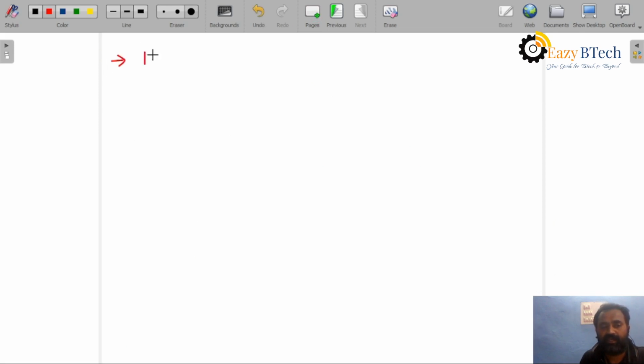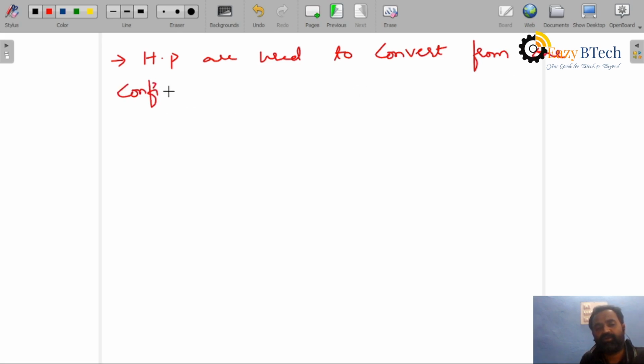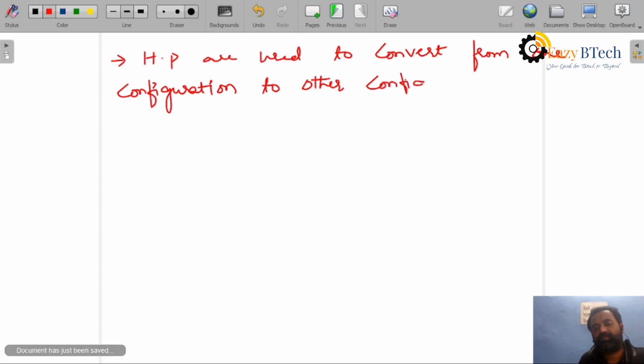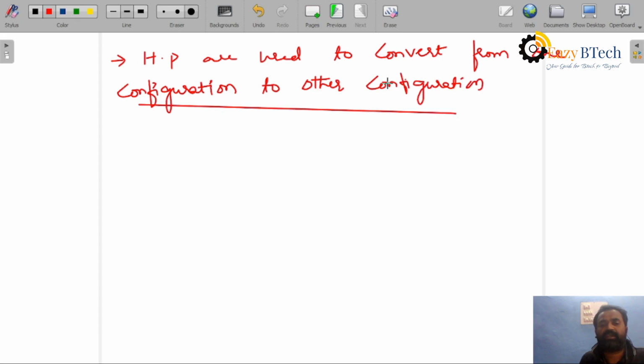Next, H parameters are used to convert from one configuration to other configuration. Hybrid parameters are used to convert from one configuration to other configuration.